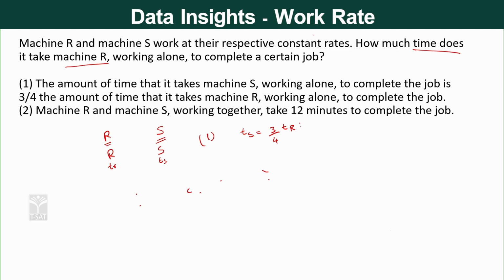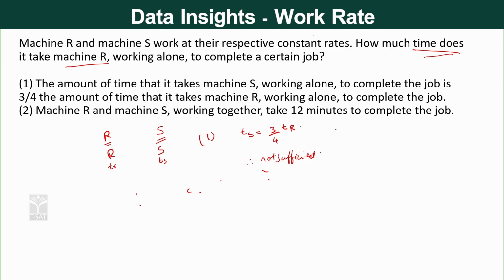We know that it is 3/4, but we do not know the time taken by machine S or machine R. So, we cannot calculate how much time it takes machine R. This alone is not sufficient to answer the question.